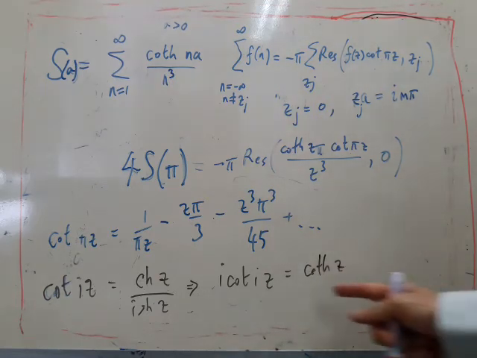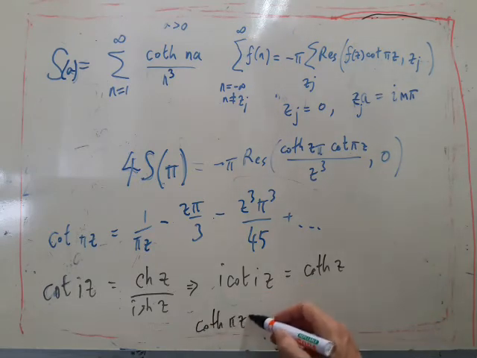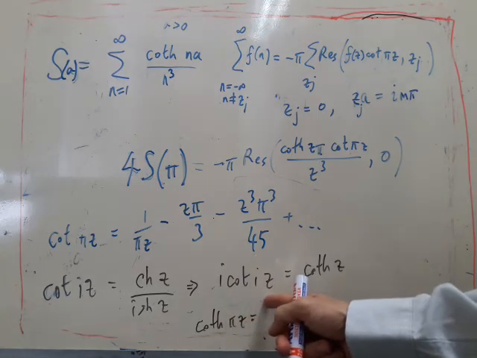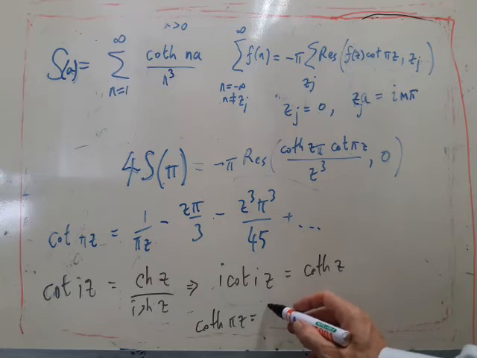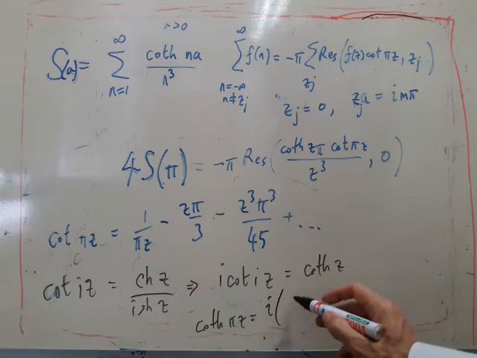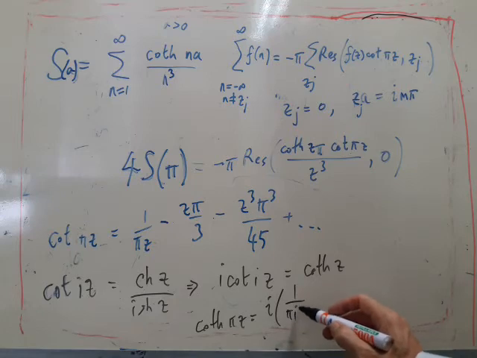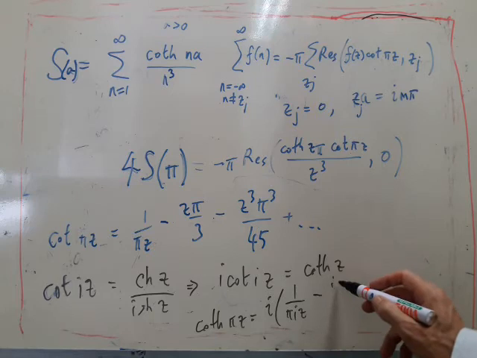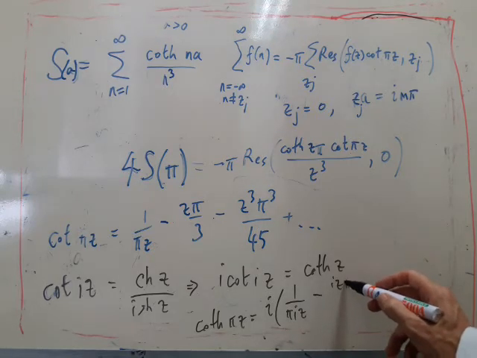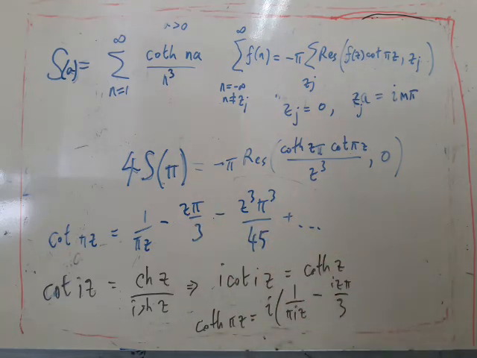So to get the series for coth pi z, coth pi z is just i times cot i z. So we end up with, just replace the z's by iz.